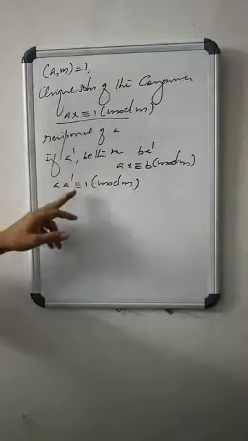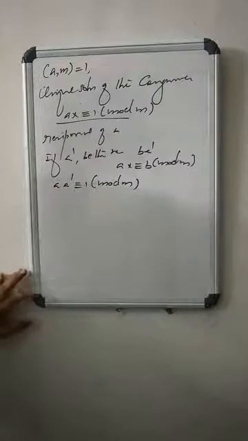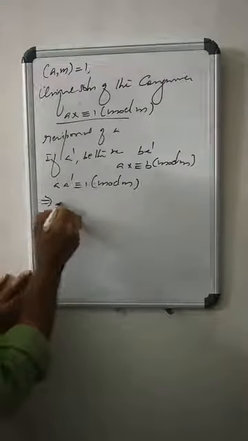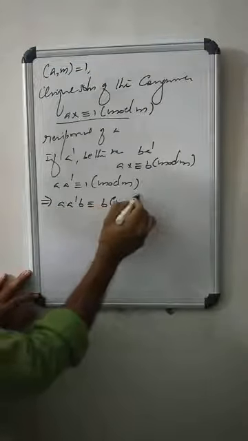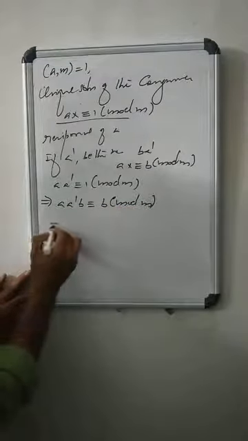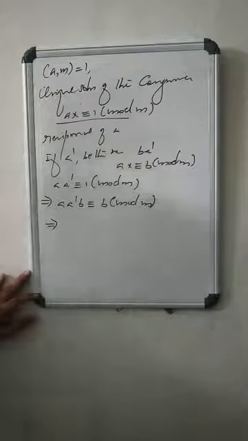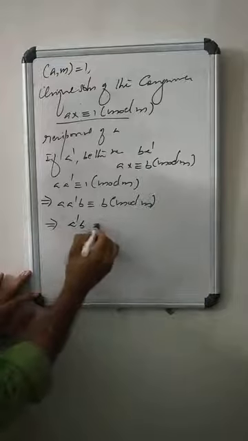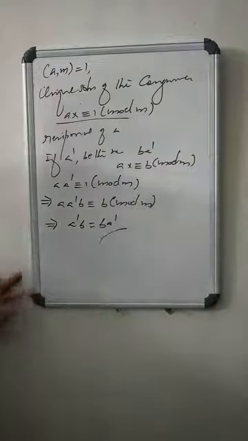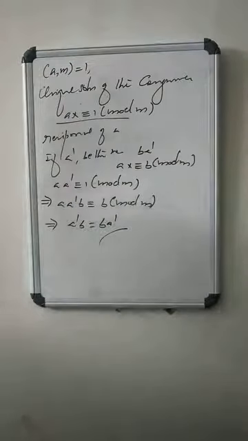Multiplying by b, a a' b ≡ b mod m. So b a' is the solution of the linear congruence ax ≡ b mod m.